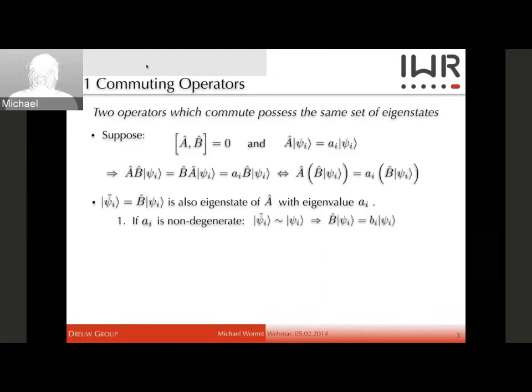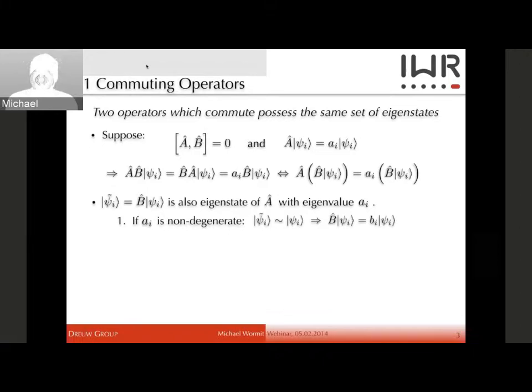If A I is non-degenerate, so there's only one eigenfunction which relates to A I, then this psi I tilde must be proportional to psi I, from which follows that B psi I is a multiple of psi I, which is again the eigenvalue equation. So psi I is also an eigenvector of B, same as of A, but with different eigenvalues.